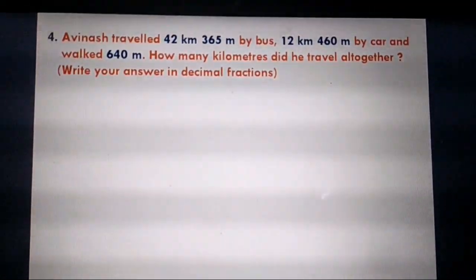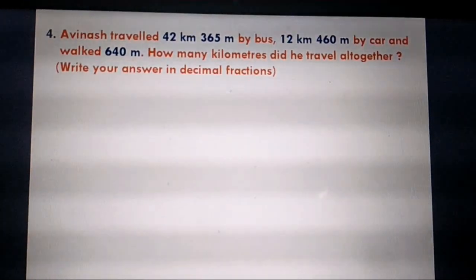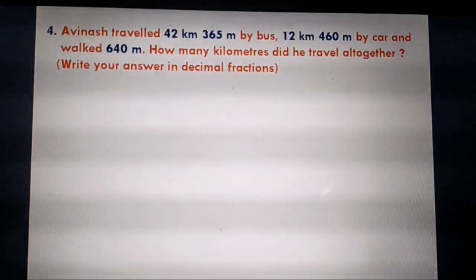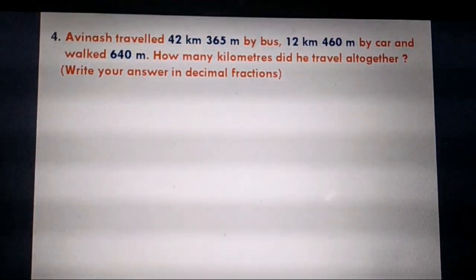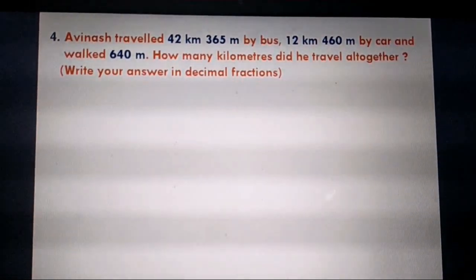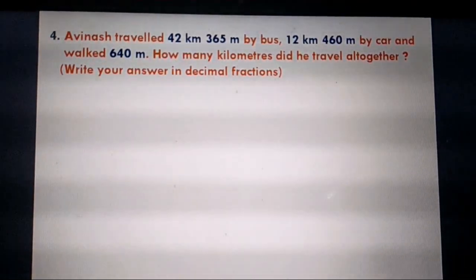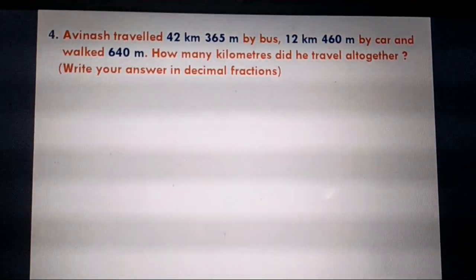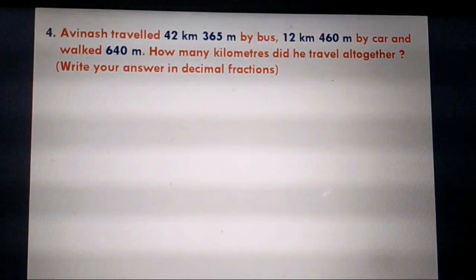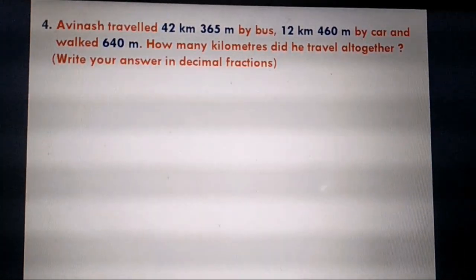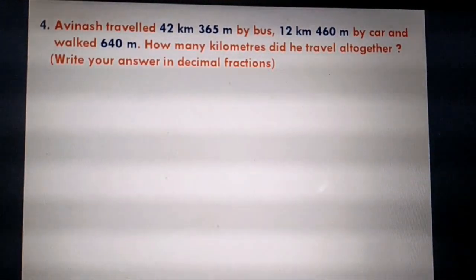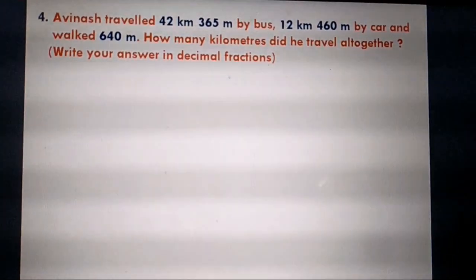Now we will start with question number 4. Read the question. Avinash travelled 42 km 365 meter by bus, 12 km 460 meter by car, and walked 640 meter. How many kilometers did he travel altogether? Write your answer in decimal fractions.